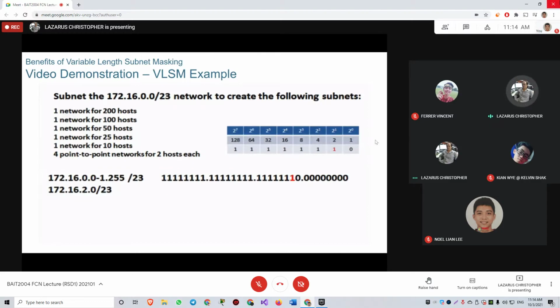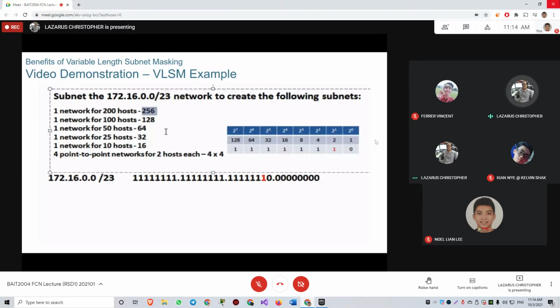I can see that starting from a /23 subnet mask, we have 9 host bits, so effectively there are 512 addresses. If we look at each one of these subnets that we're going to need to create, I cannot create a 200 host subnet, but I can create a subnet for 256 hosts.